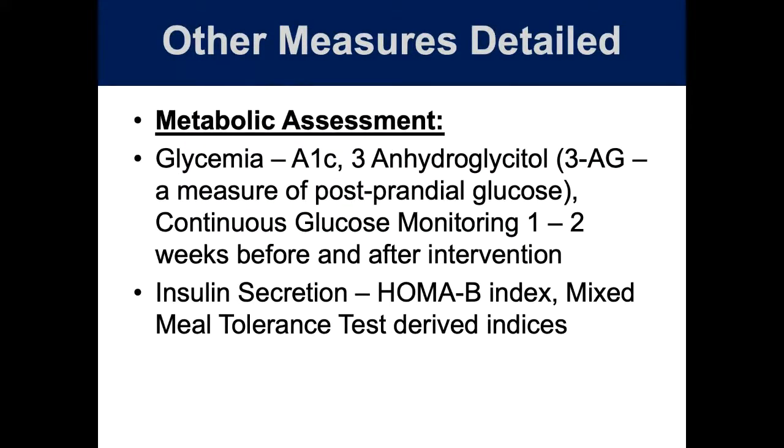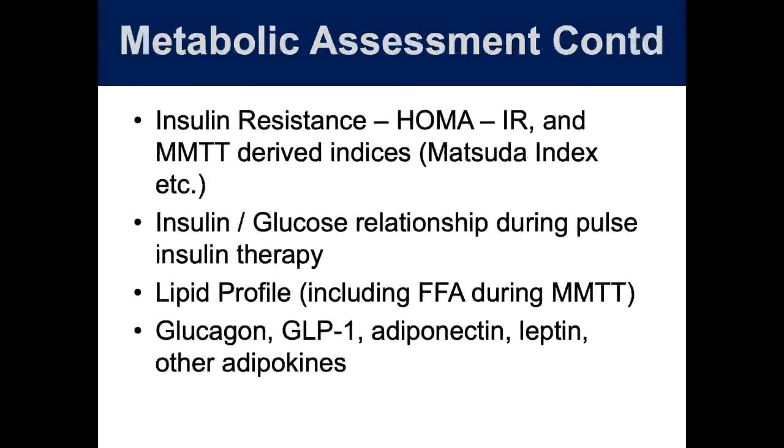Dr. Marsh is going to help me put this together in terms of metabolic assessments that we have proposed: glycemia, A1Cs, and then measures of postprandial glucose and continuous glucose monitoring, and then insulin secretion with index and meal tolerance test derived indices. Also other measurements of insulin resistance are noted here.